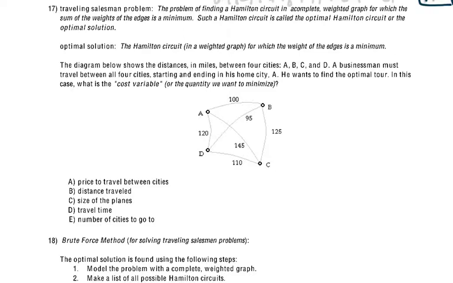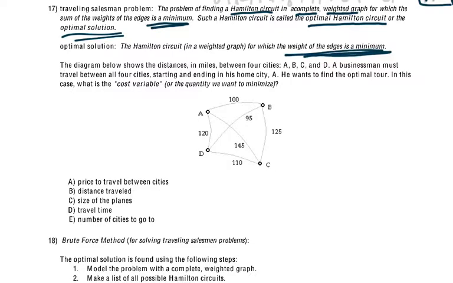That's the problem of finding a Hamilton circuit in a complete weighted graph for which the sum of the weights of the edges is a minimum. Such a Hamilton circuit is called the optimal Hamilton circuit or the optimal solution. And the optimal solution is the Hamilton circuit that gives you that minimum.